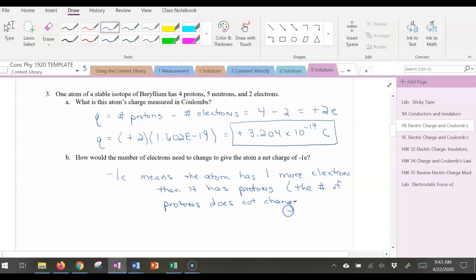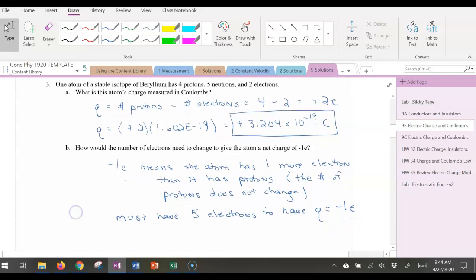Okay. So it currently has 2 more protons than electrons, but I need to move it to the point that it has 1 more electron than protons. So it has to have 5 electrons to have a charge equal to minus 1e.